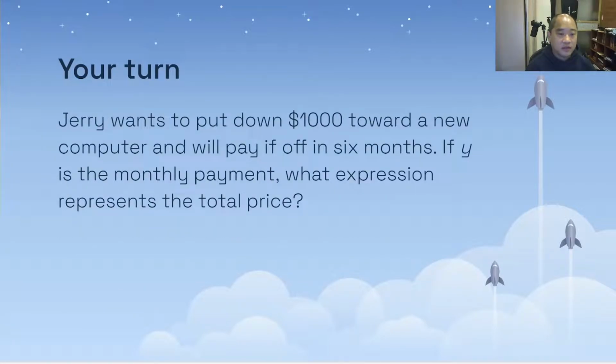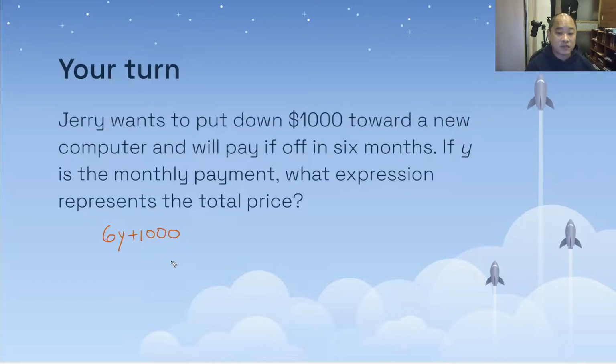Okay, let's say that Jerry wants to put down $1,000 toward a new computer and will pay it off in 6 months. If Y is the monthly payment, what expression represents the total price? Welcome back. All right, so here we're going to have to write an expression, right? Well, for 6 months, he's going to pay Y dollars, and he already paid 1,000.